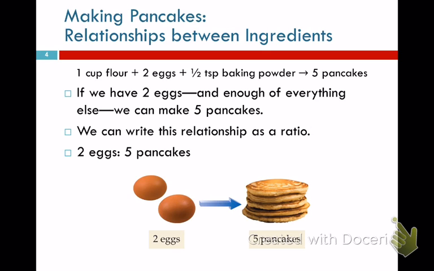Same thing happens in this. Ideally, I'm going to get 10 pancakes for every 2 cups of flour. That's what my theoretical yield will be. Your actual yield, well, this is real life. This is what you really get out of the situation.